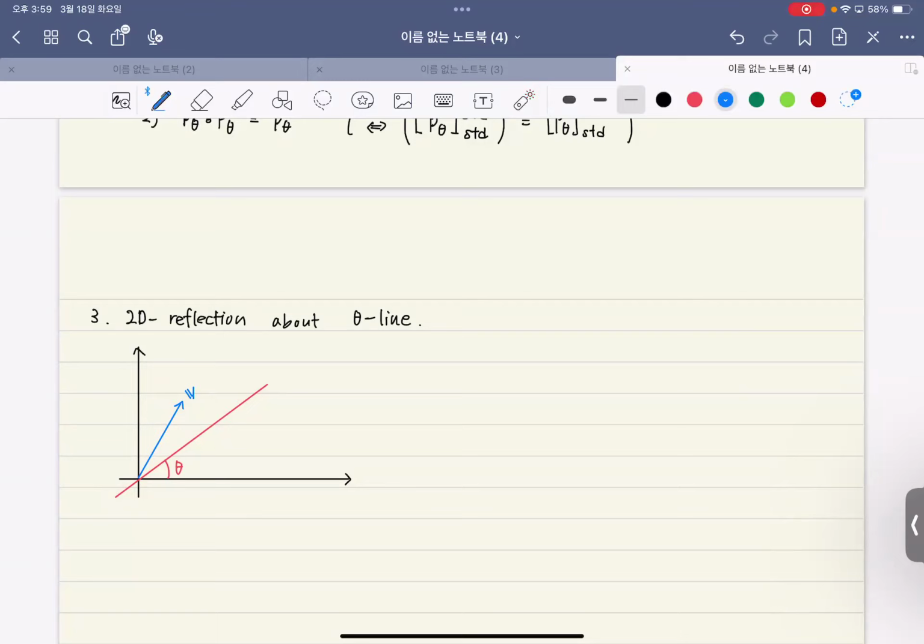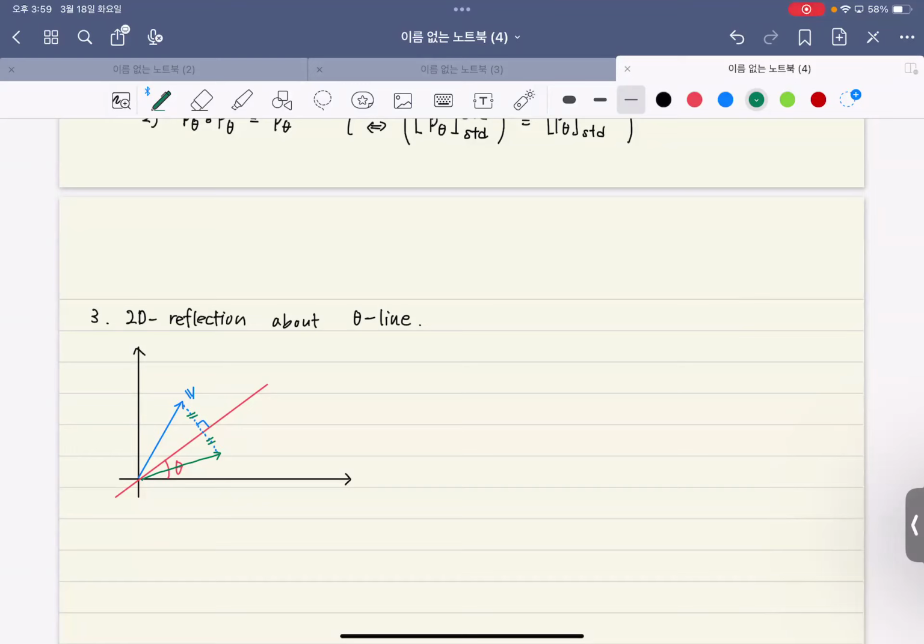Then, to do that, you draw the perpendicular line and draw another vector. And these two must have the same length.